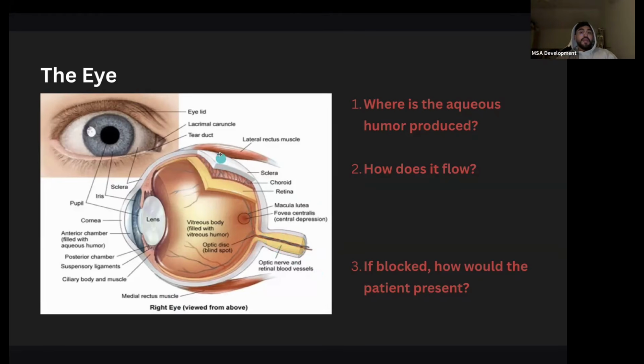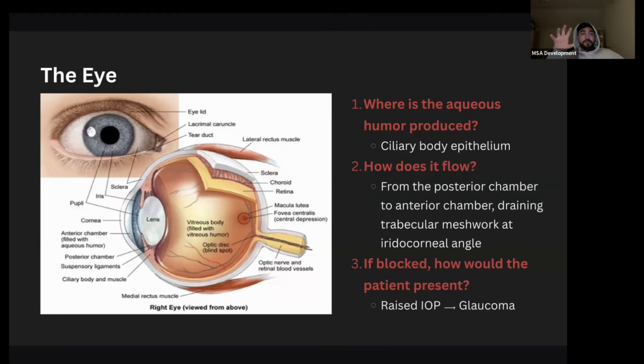All right, and now the question is, where is the aqueous humor produced, and how does it flow, and if that flow gets blocked, how would the patient present? So the aqueous humor is produced within the ciliary body epithelium. Okay. And it flows all the way from the posterior chamber to the anterior chamber, all right?